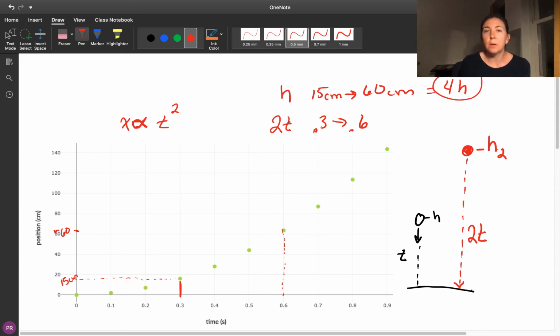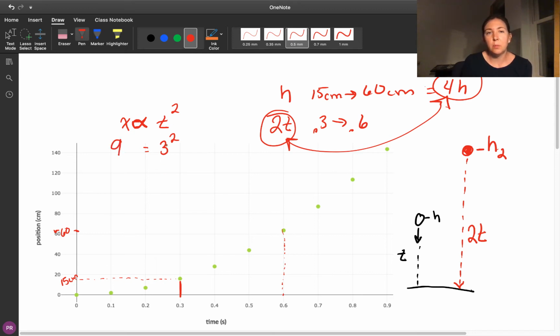So when I double the time, the height increases by 4, which makes sense here, because if I were to take a number, let's just say 3 seconds, we'll make these numbers a little bit rounder. If I said my time was 3 seconds, the position would be proportional to 3 squared, 9.